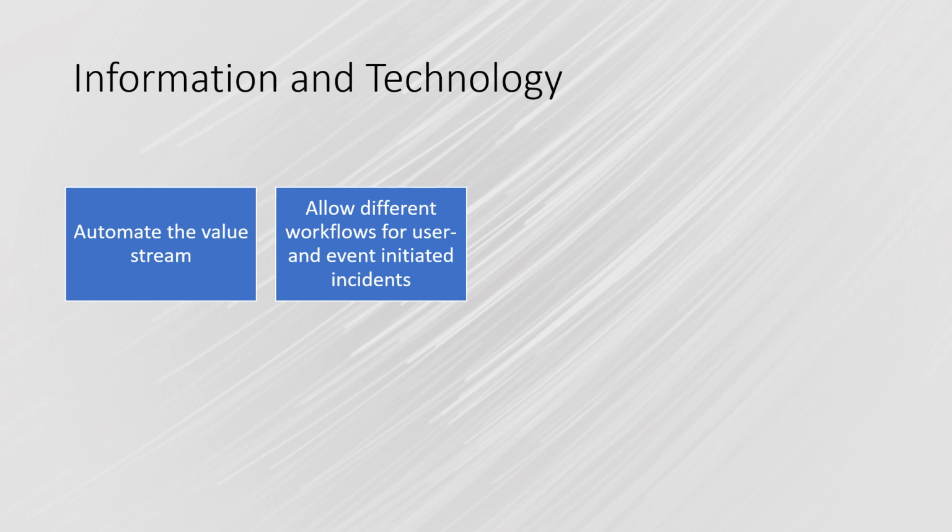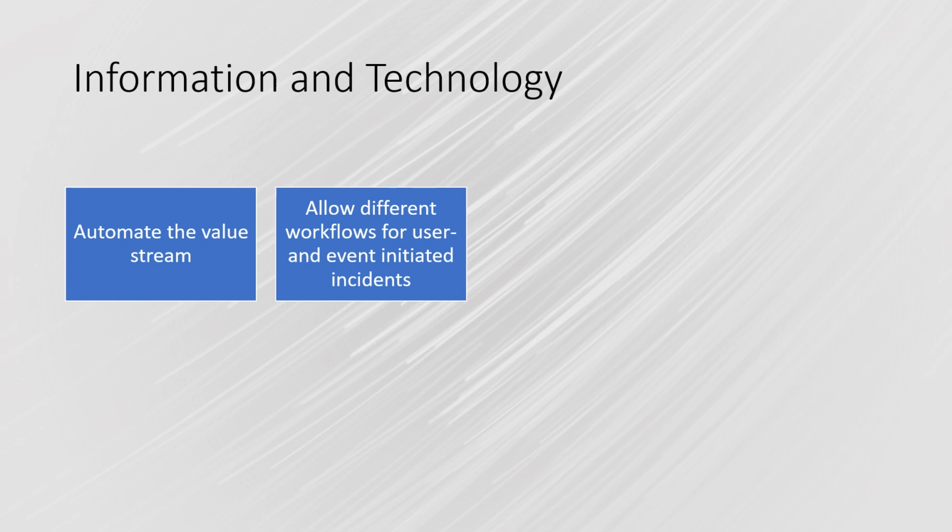Allow different workflows for user-initiated and event-initiated incidents. Look at the incident from two perspectives, proactive and reactive. The reactive incidents are usually user-initiated incidents. Proactive incidents are incidents detected before the user has experienced an impact.